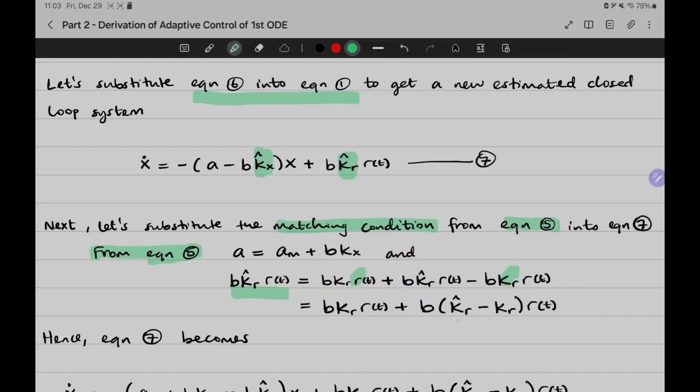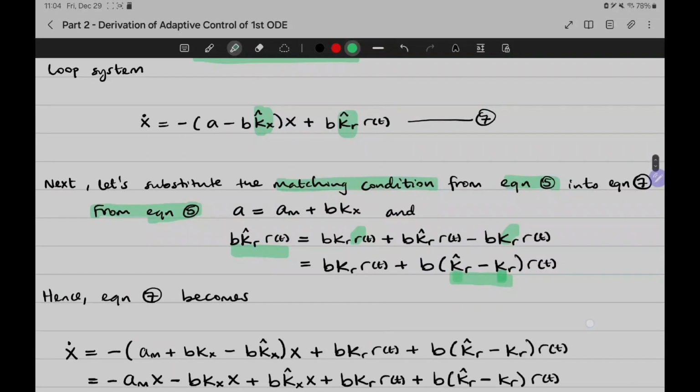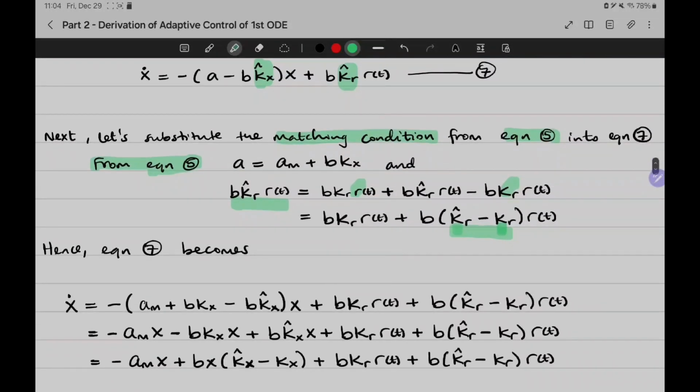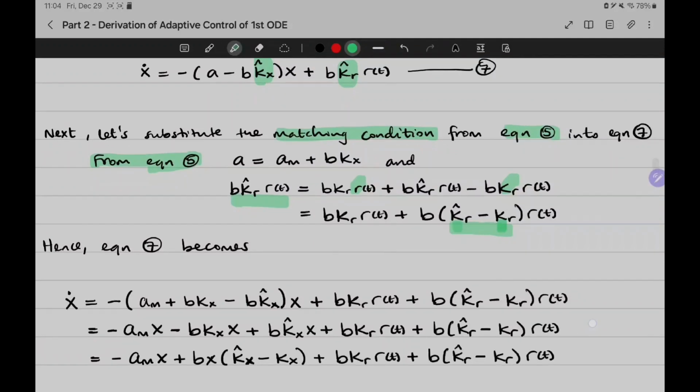But we want to represent it this way because this is key, right? What you're looking at here is the difference between the estimated control parameter and the ideal control parameter. You're going to see the effect of this later on.